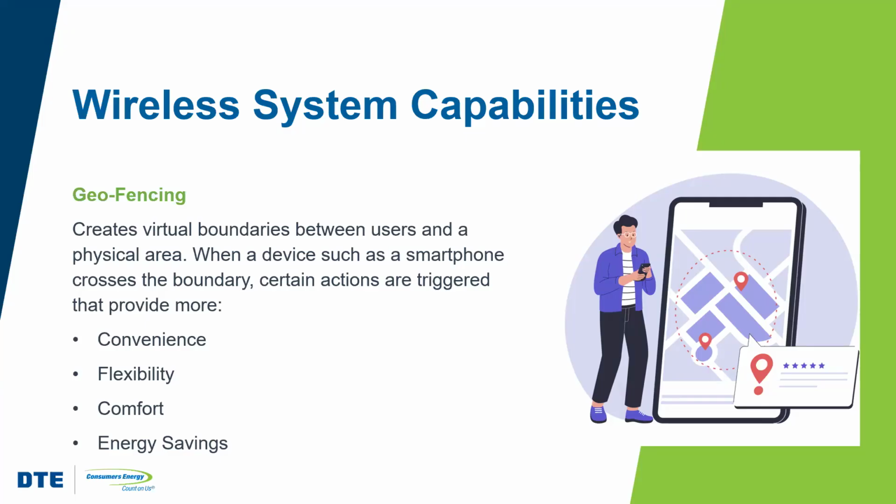So the system then knows whether you're leaving or coming to the home, and it can then adjust temperature set points based on that activity, based on the direction in which you're traveling. This is another feature that helps to eliminate programming, which again can be difficult for homeowners.